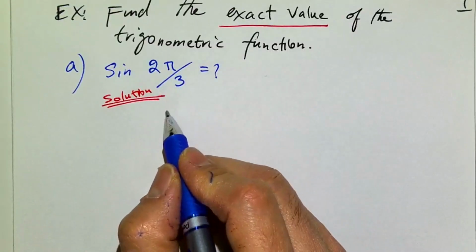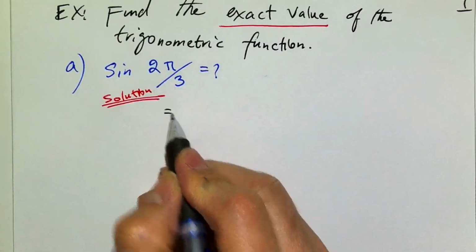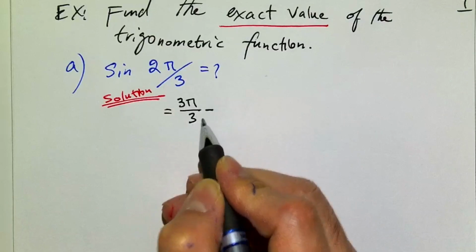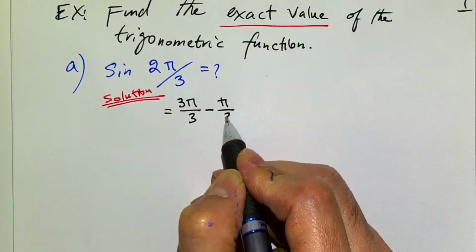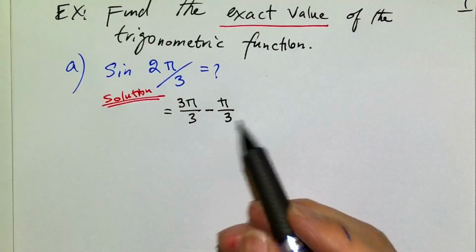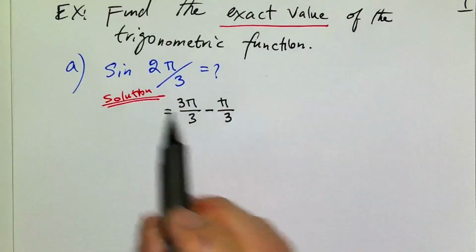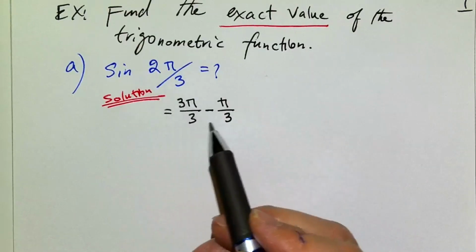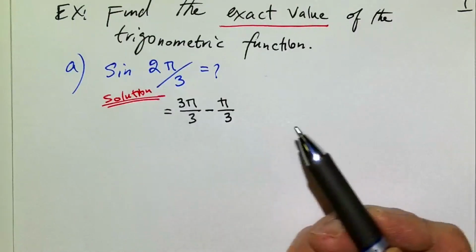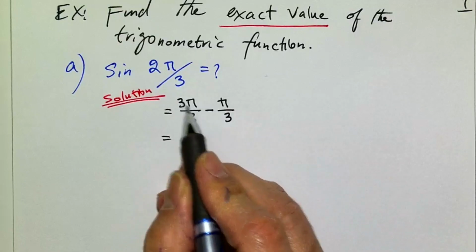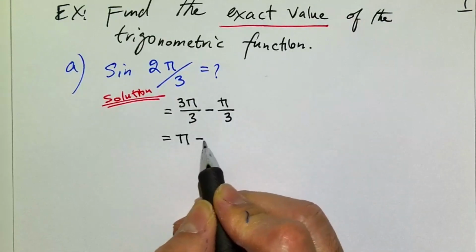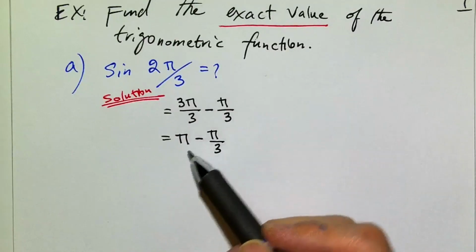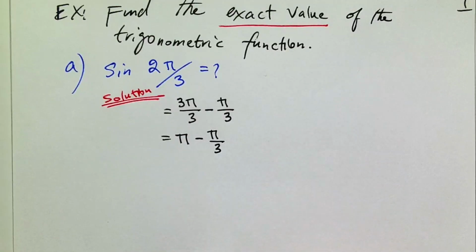So let's say that 2 pi over 3 is equal to 3 pi over 3 minus pi over 3, right? 3 pi minus pi is 2 pi over 3. These are good pieces because they're both very easy to calculate. 3 pi over 3 is pi, minus pi over 3. So which quadrant do you think this is located in then?